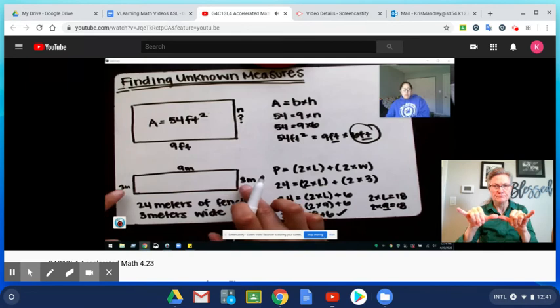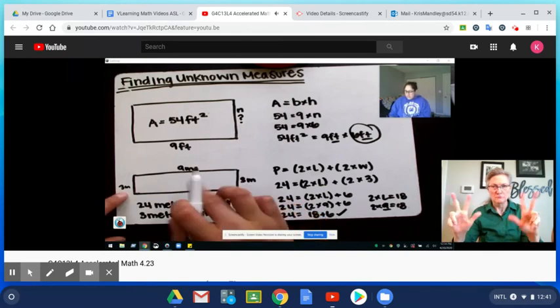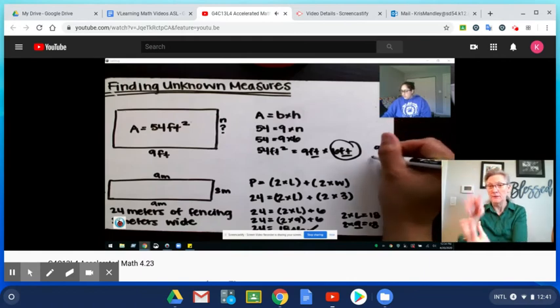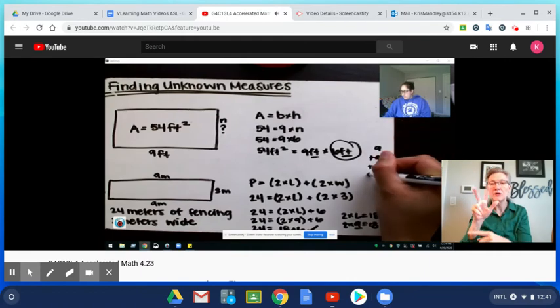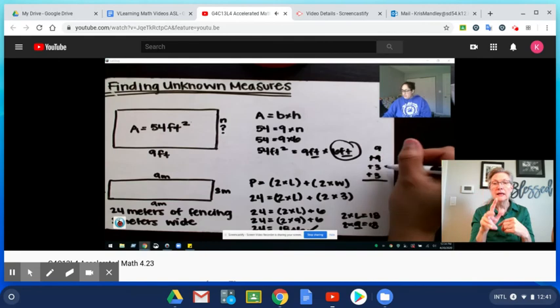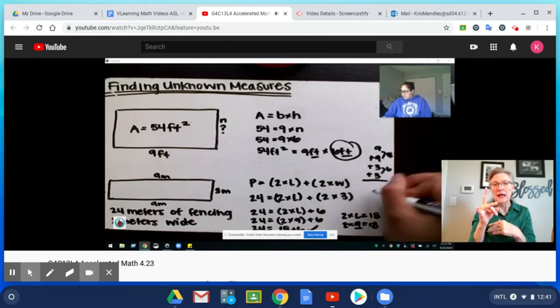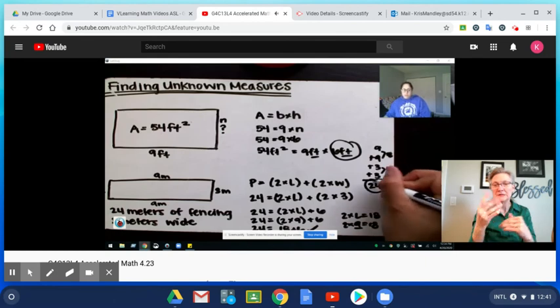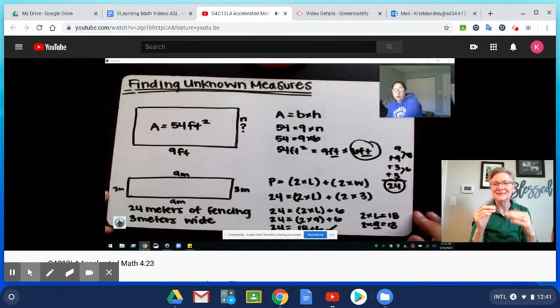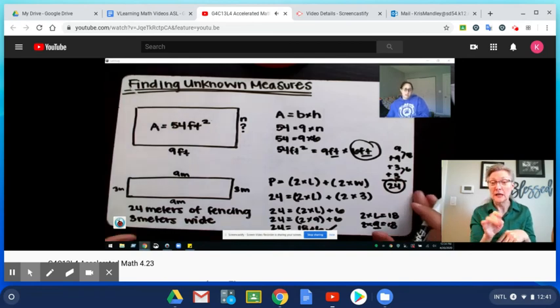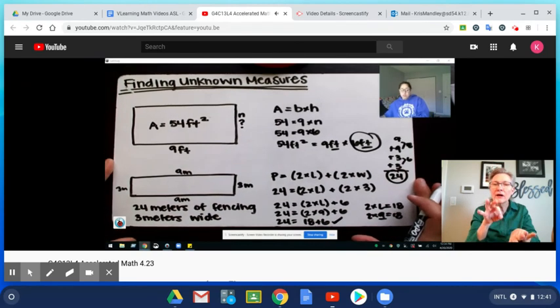So 3 and 3, and then 9 and 9. If I go off to the side and add those up, 9 plus 9 plus 3 plus 3, 9 and 9 is 18, 18 and 6, and what do you know? We get 24, right?